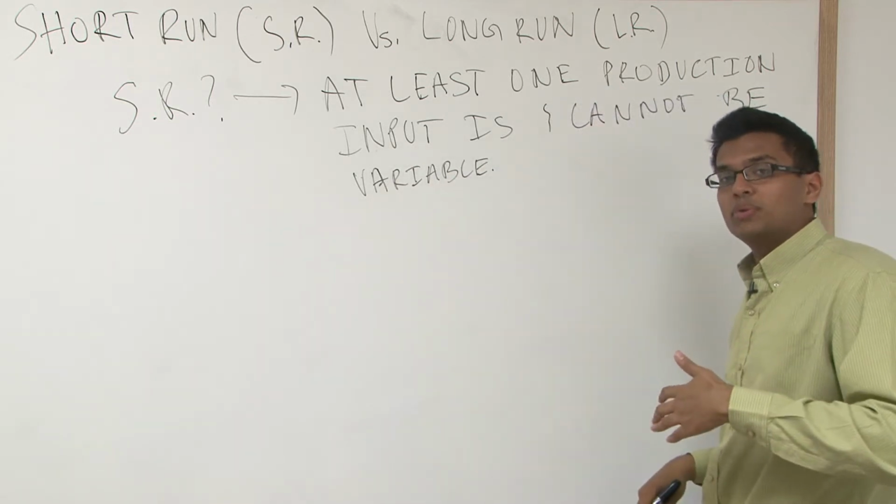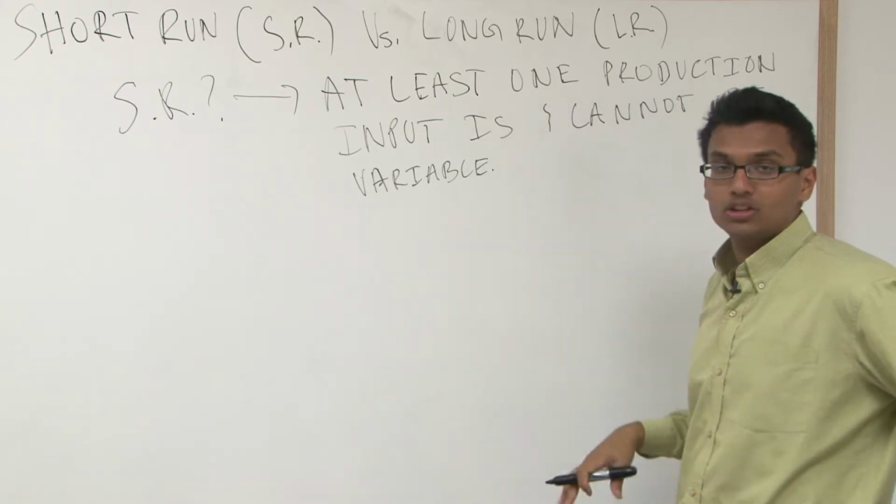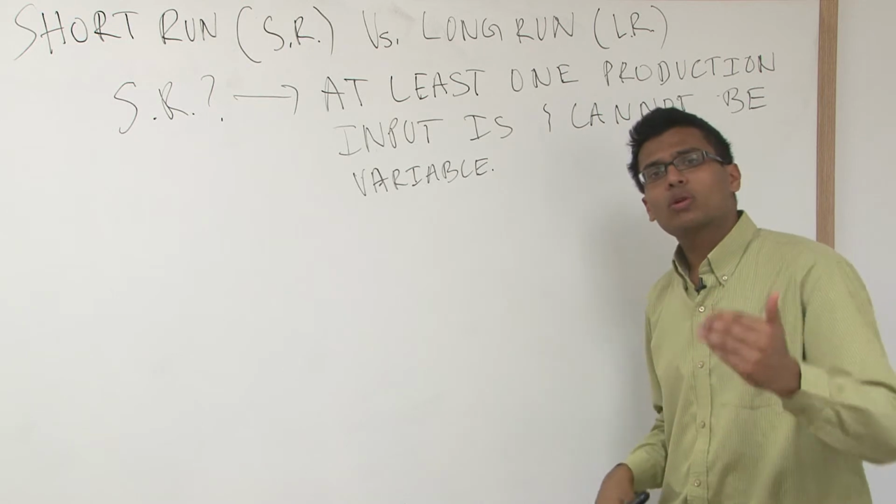All other inputs in a short run can be variable, but at least one in the short run is fixed. So what do I mean by this?